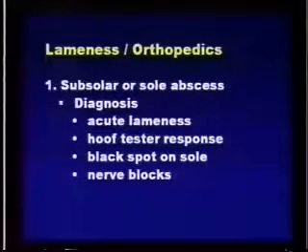Of course, when you put the hoof testers on these animals, they usually show quite a good localized response over the area of the abscess, so this can be quite helpful in making the diagnosis. They often have a black or discolored spot on the foot, and then if you want to do a nerve block and isolate the cause of the lameness to the foot, obviously that's going to be very helpful in making the diagnosis as well.